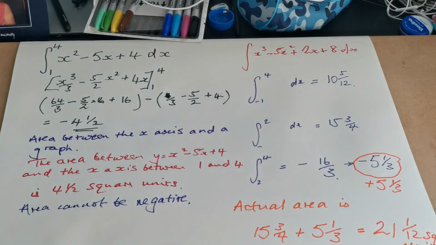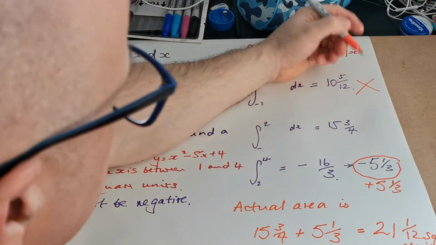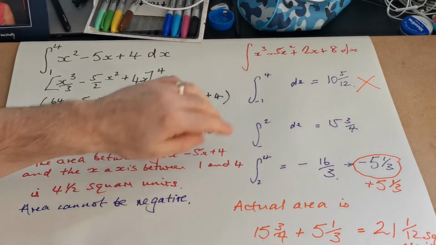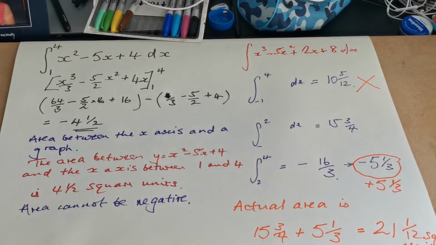So you have to look at the graph, because this one isn't correct. And it's not correct because it doesn't take into account the idea that area is positive. It will just add together the positive and negative areas that come out from the mechanical integration.